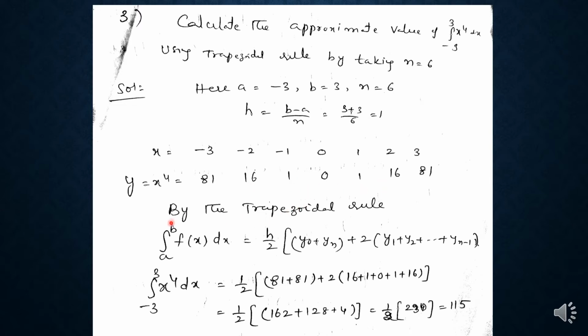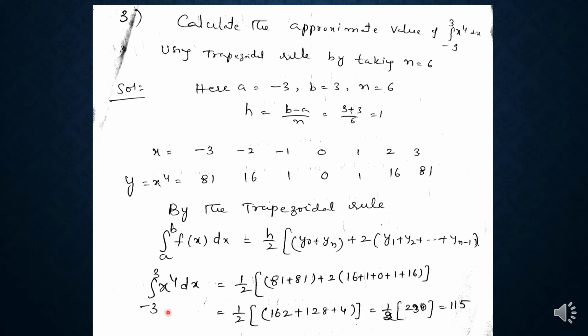So by the trapezoidal rule, we have the integral a to b f of x dx is equal to h by 2 into y0 plus yn, first ordinate plus last ordinate, plus 2 into the sum of the remaining ordinates, that is y1 plus y2 plus up to yn minus 1.